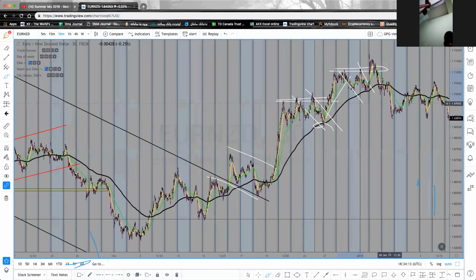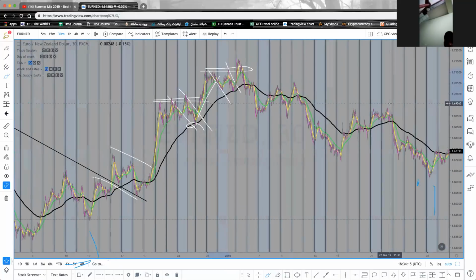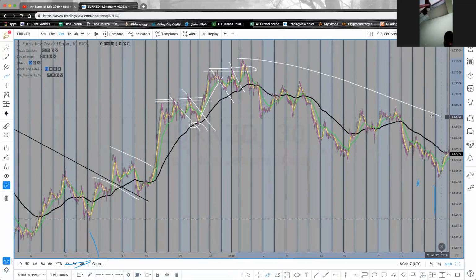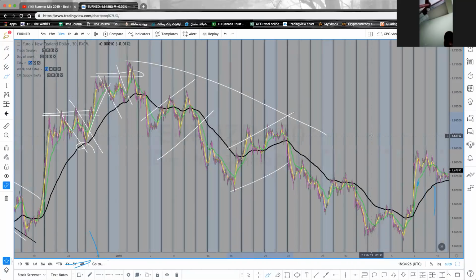One of the reasons I can see this, you see now they're coming down, inducement to the high. This is like fast forward backtesting. Because I know these pairs so much, I backtest them so much, I already know the traps. I don't need to really think about it.